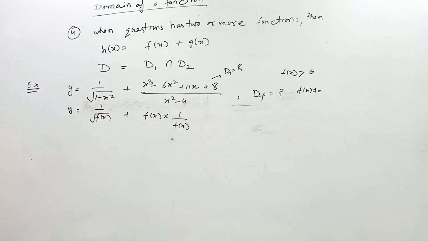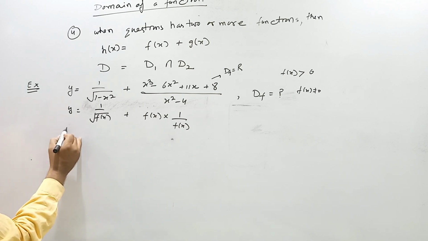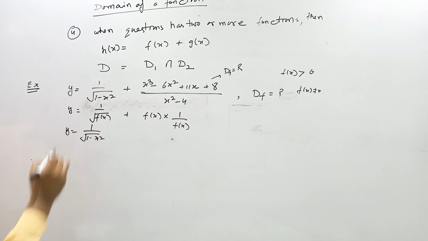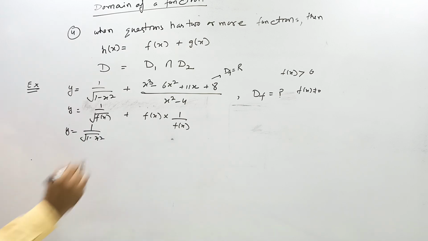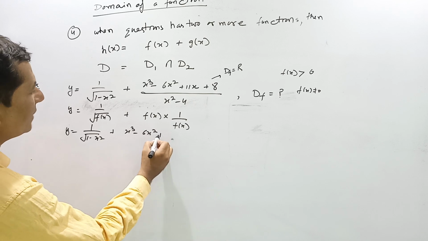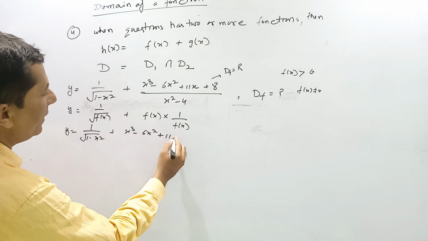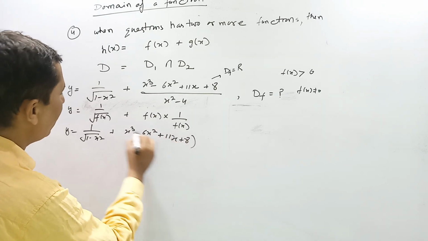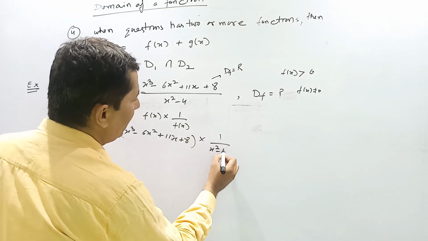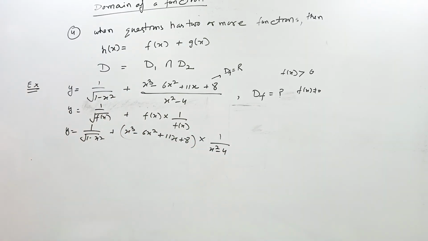Understand? And then write it down this way: y is equal to 1 upon root of 1 minus x square plus x cube minus 6x square plus 11x plus 8 into 1 upon x square minus 4. Understand? Yes.